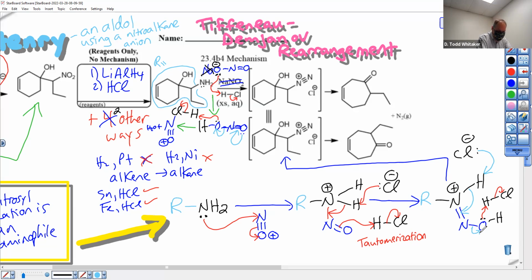N triple bond to N. That's an alkyl diazonium ion. Yeah, sounds fancy. Alkyl diazonium ion.